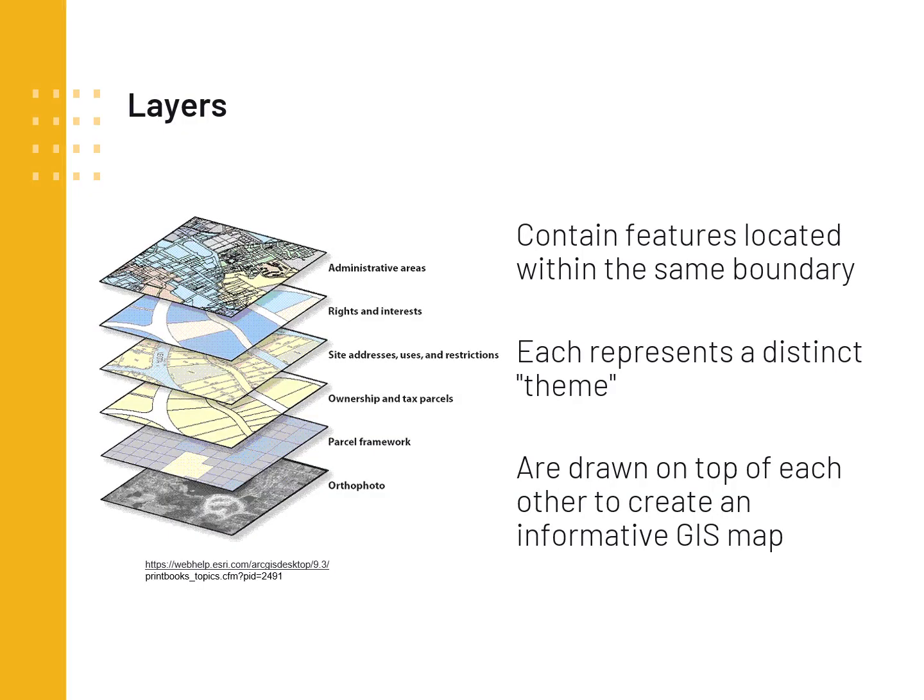So when you're looking at layers, they contain features located within the same approximate geographic boundary. They don't have to be identical, but similar. Each layer represents a distinct theme, so we wouldn't keep our attractions in the same file as our hotels because they're representing different themes, one being accommodations, another being attractions. And they're drawn on top of each other to create an informative GIS map.